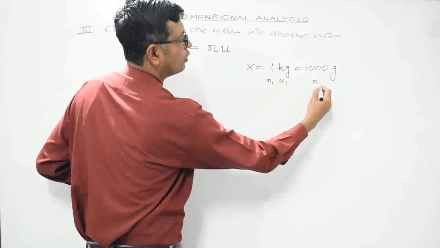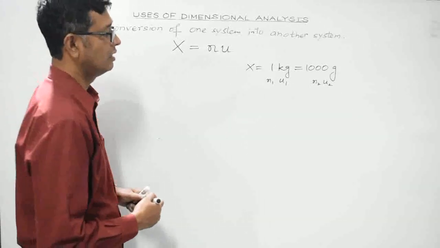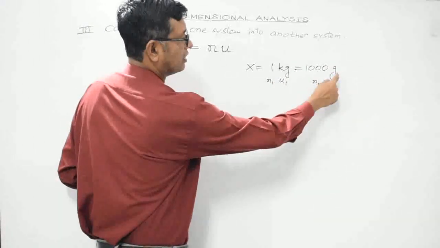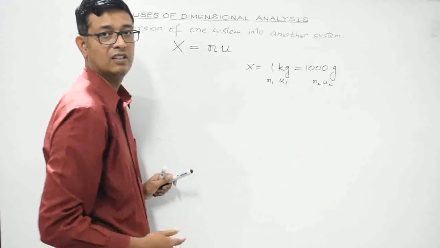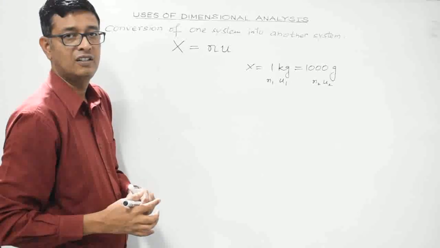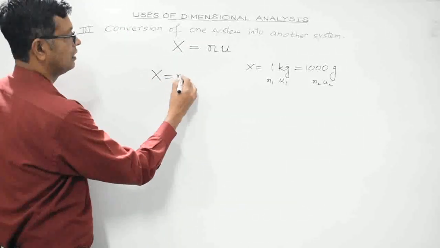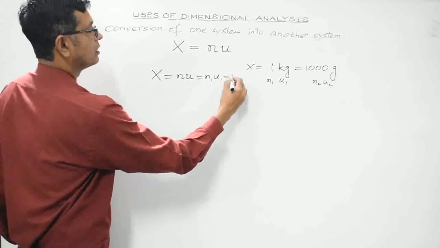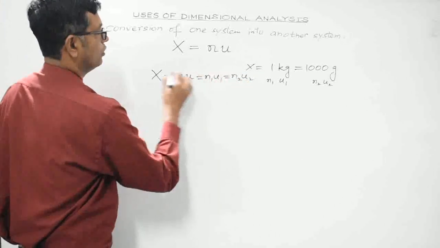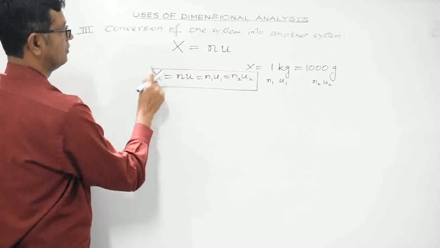This is N2, this is the size of the unit U2. So what I mean to say is that if the size of the unit decreases, the numerical value of the physical quantity must increase and vice versa. Clear? So it may be written as N1U1 is equal to N2U2. It's constant.